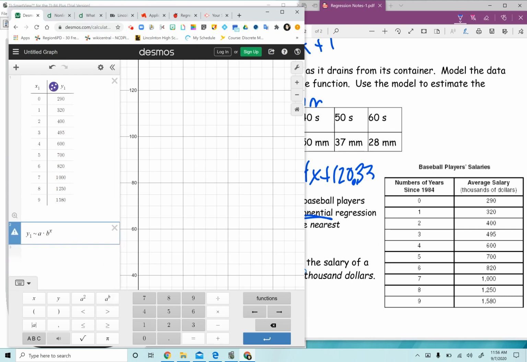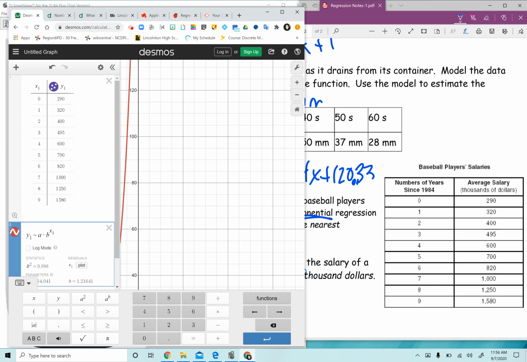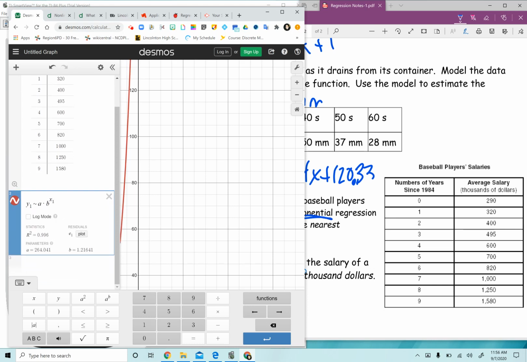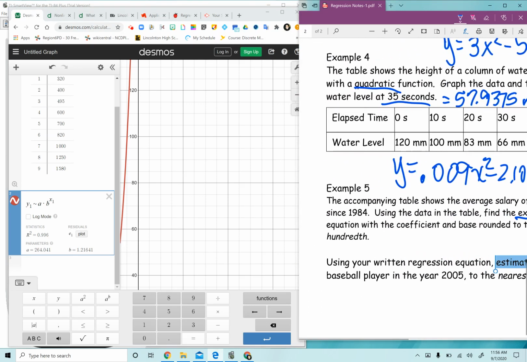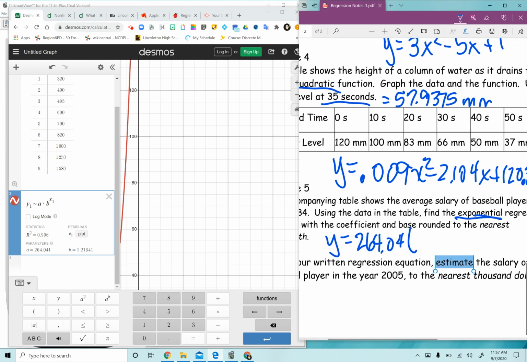Remember, it's an exponential, x1. And so our equation is y equals 264.04 times 1.22 to the x.